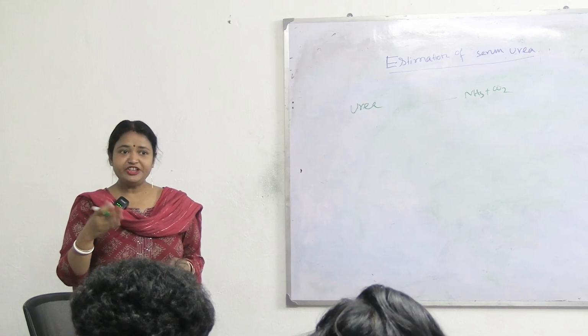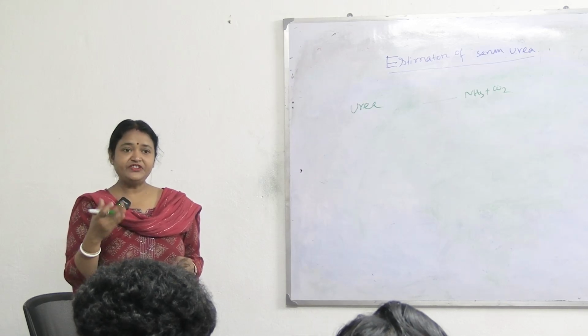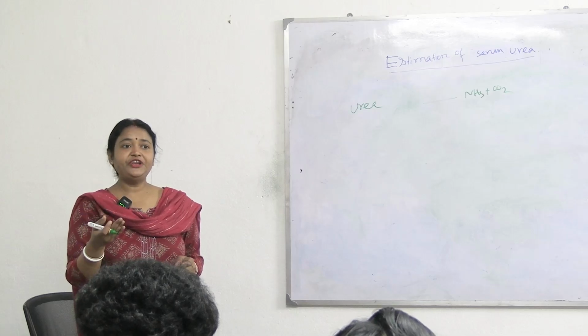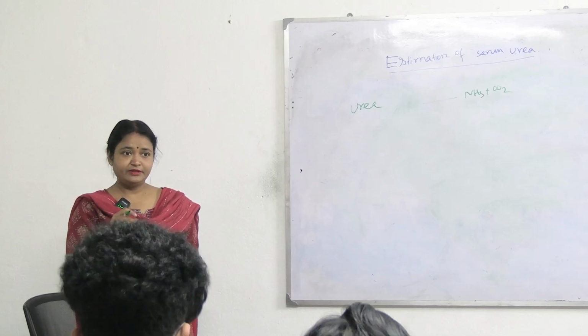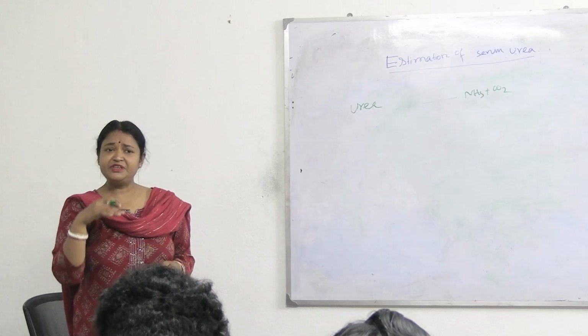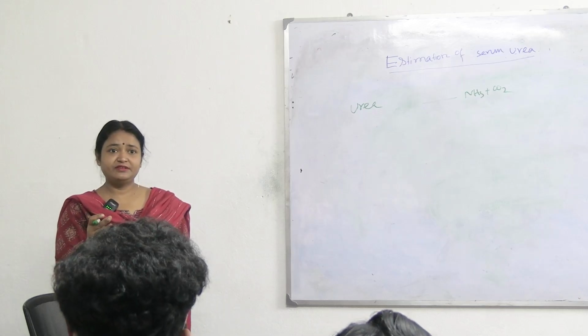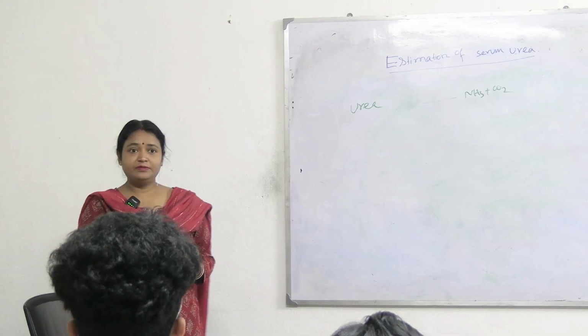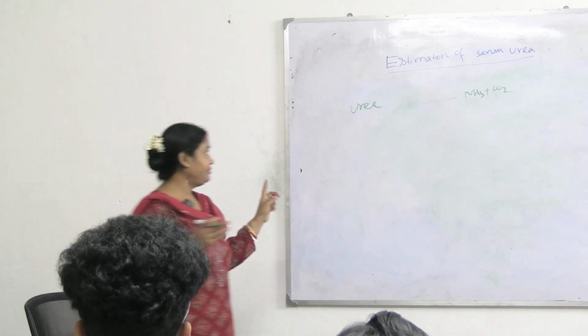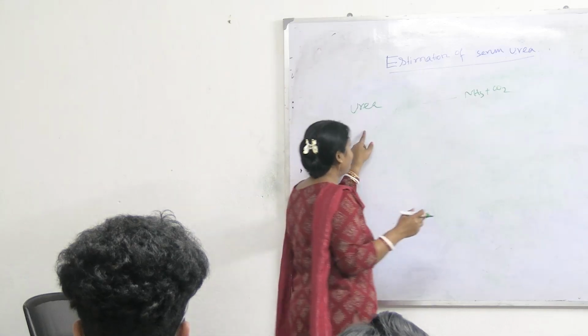The intensity of the color increases with the amount of urea in the sample. If it is more greenish, more urea is present. So this is the principle: increase urea, increase color.